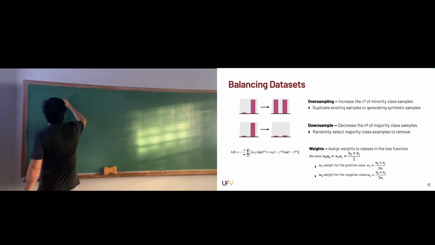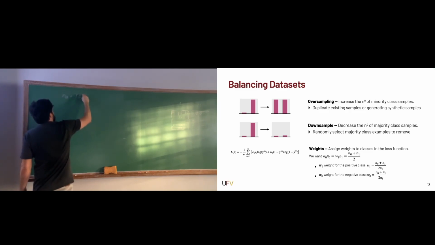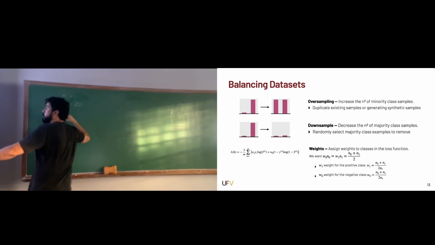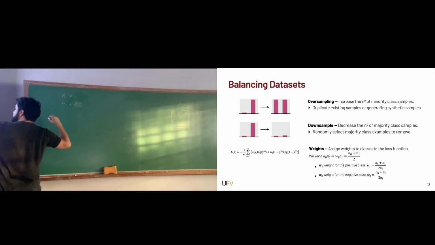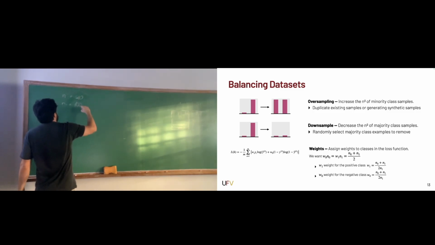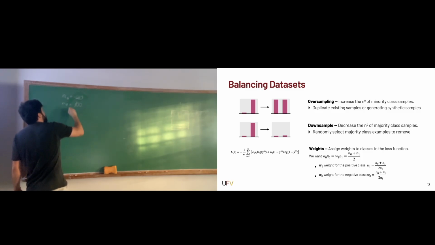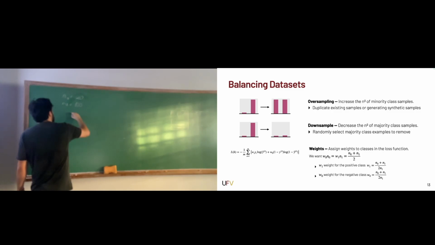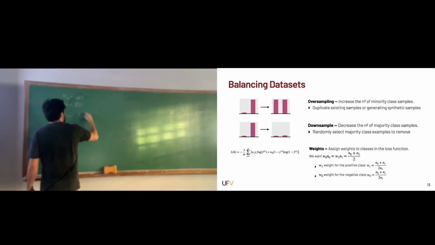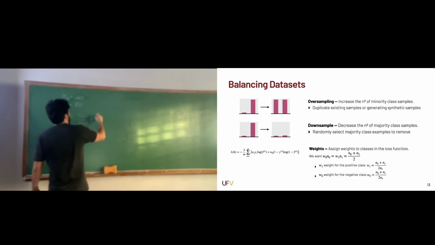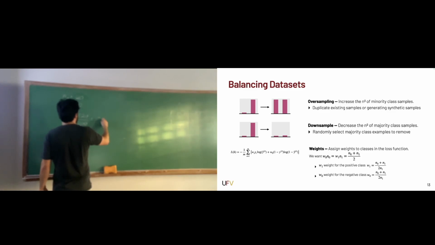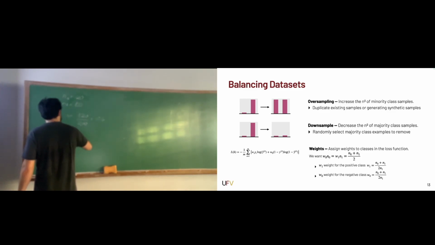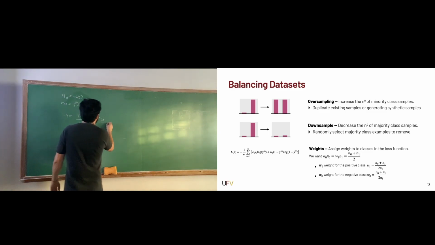Let's go to the board with an example. If you had N0 equals 20 and N1 equals 100, then in this case W1 would be 120 over 2 times 100, which is 200, so this is 0.6.